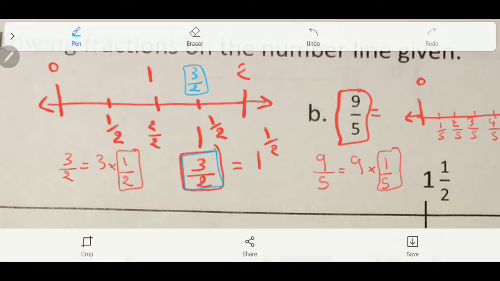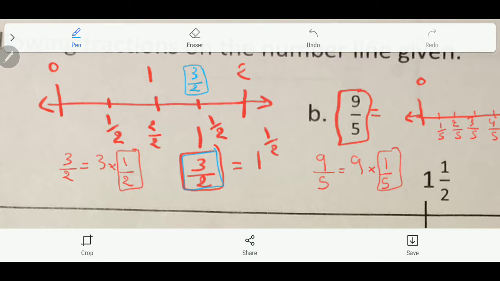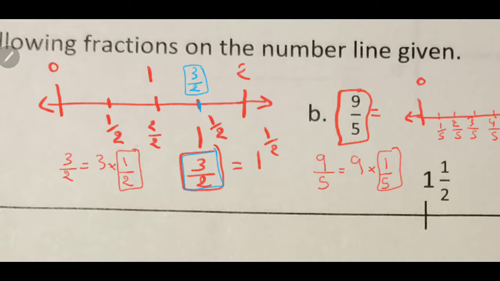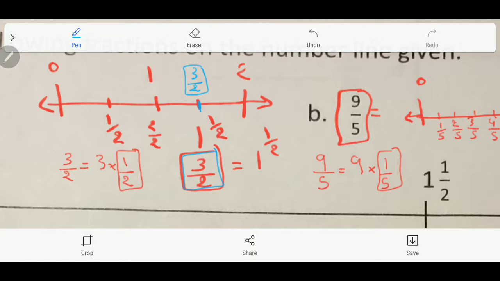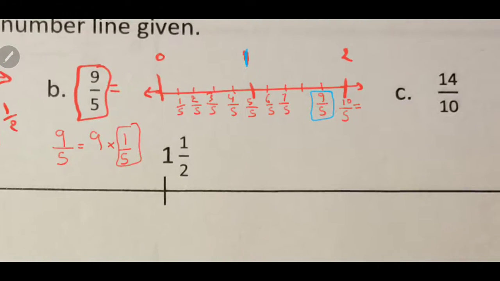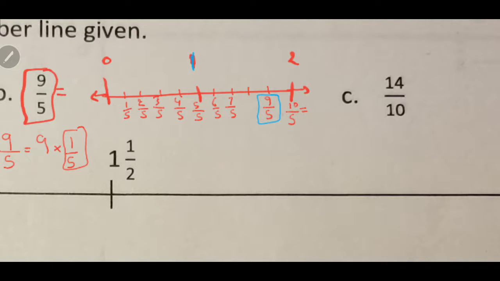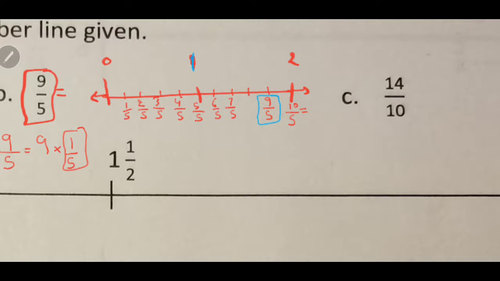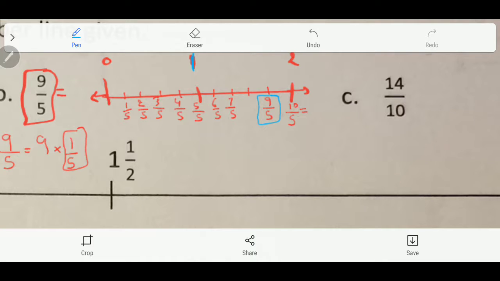So because this is 1/2, 2/2, 3/2, right over here, it's greater than 1, less than 2. Moving on, we did 9/5, greater than 1, less than 2, but it's closer to 2, right?